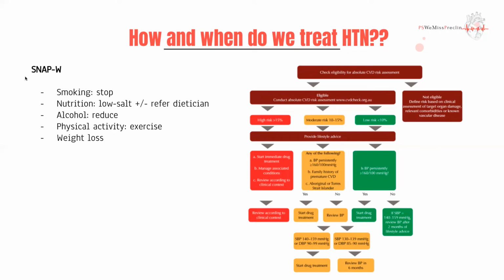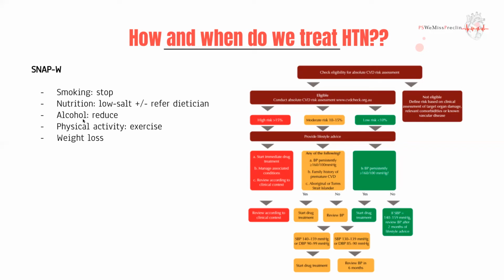So SNAP-W is a very handy acronym that stands for smoking, which you want to stop; nutrition, which you want to have a low salt diet, minimizing fats and excessive sugars. You can refer them on to a dietitian if you suspect that they could improve their diet and lose some weight, perhaps.